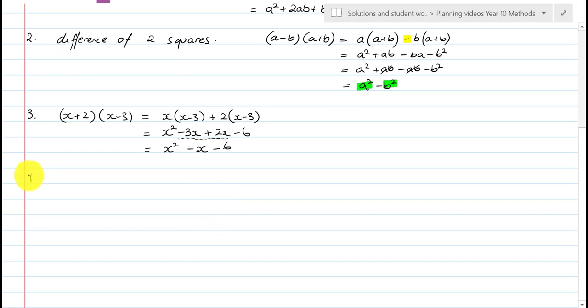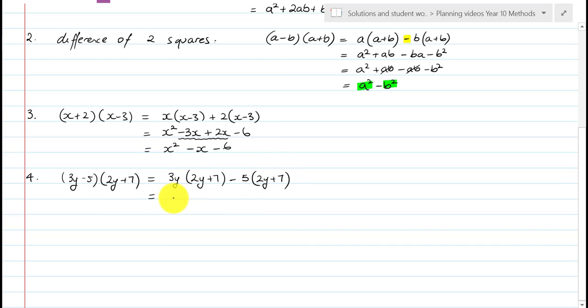And last of all, we'll do one more example. (3y - 5) times by (2y + 7). So again, we distribute the first bracket. It doesn't have to be the first bracket, but it's just a nice little pattern I like to follow. So 3y times (2y + 7) minus 5 times (2y + 7).